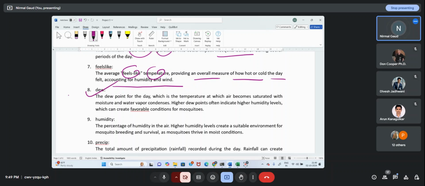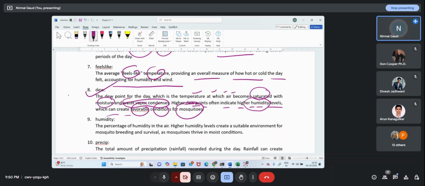We have dew. The dew point for the day is the temperature at which air becomes saturated with moisture and water vapor condenses. Saturation in the air, the condensation process. Higher dew points often indicate higher humidity levels, which can create favorable conditions for the mosquito. That's why I told you, just after rainfall, if there is humidity, I think we connected this point just recently in a practical scenario.